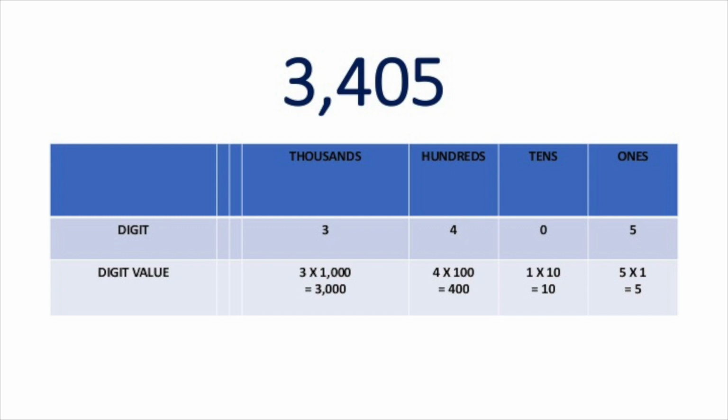3,405. Excellent. How many ones? 5. How many tens? 0. But it still needs to be there, because what's the next number? 4. 400s. So you see, the 0 separates the ones and the hundreds.